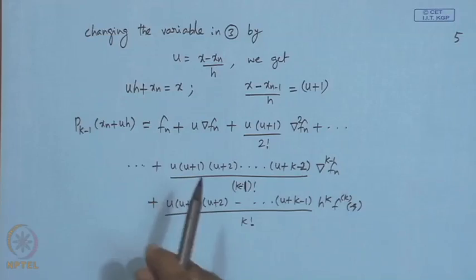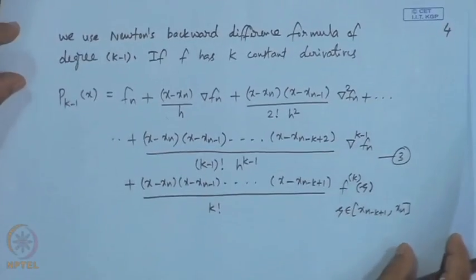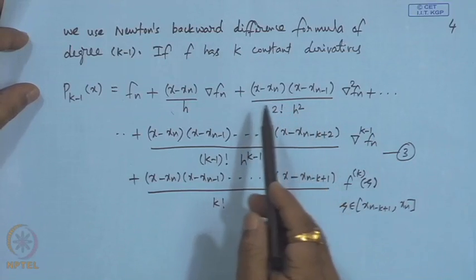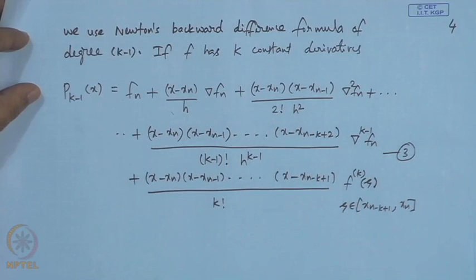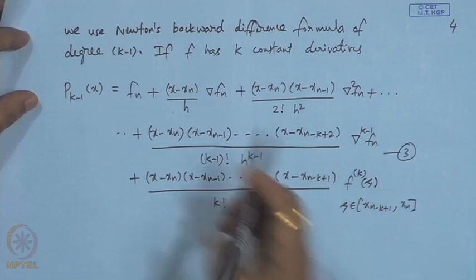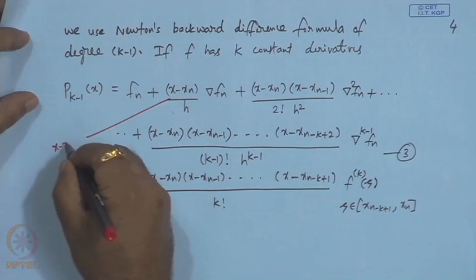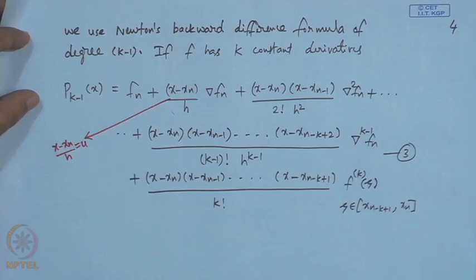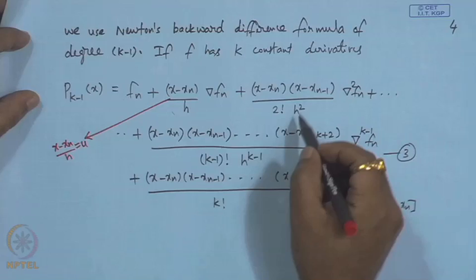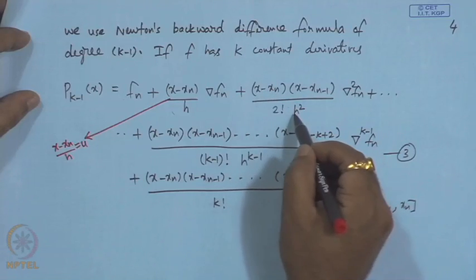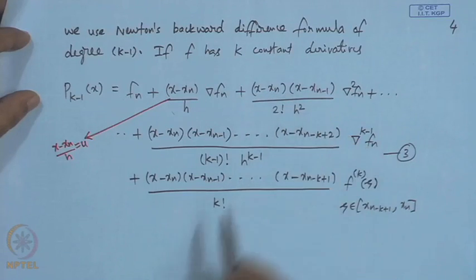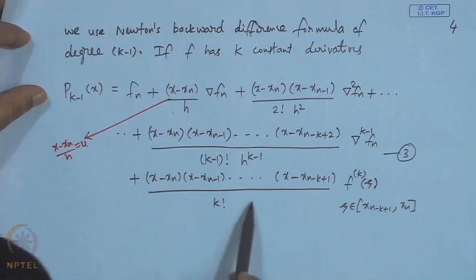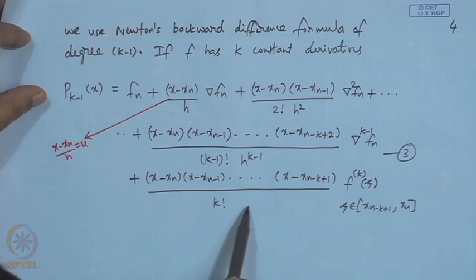Okay. Look, what did we do? We have transformed this using a variable u. Correspondingly one h goes to x minus x n by h, another h goes to this, but if you observe there is no h in the denominator of this term.